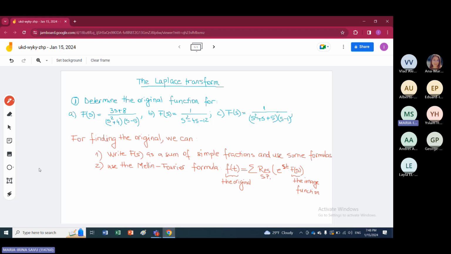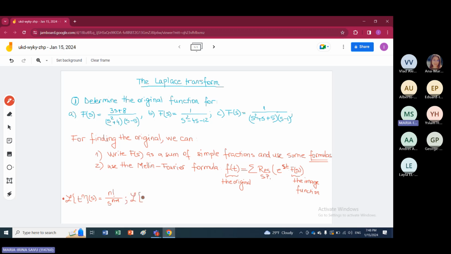So I'm going to write now the formulas. You know that Laplace of t to the n in variable s is n factorial over s to the n plus 1. And you have some particular cases here: when n is 0, you have Laplace of 1, which is 1 over s. And when n is 1, you have Laplace of t, which is 1 factorial over s squared.